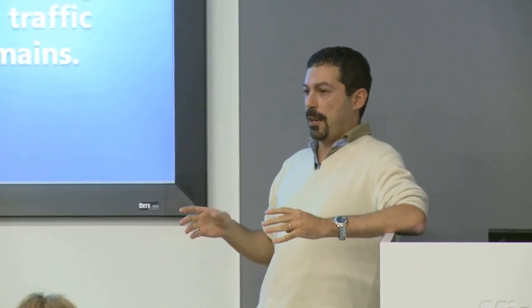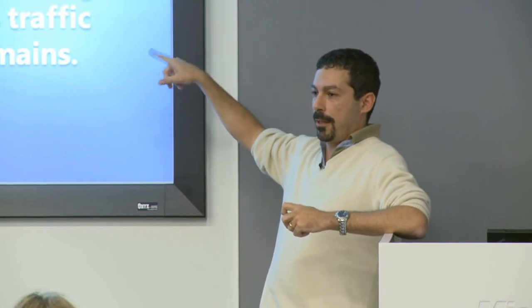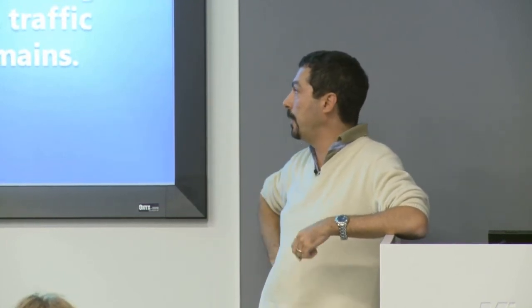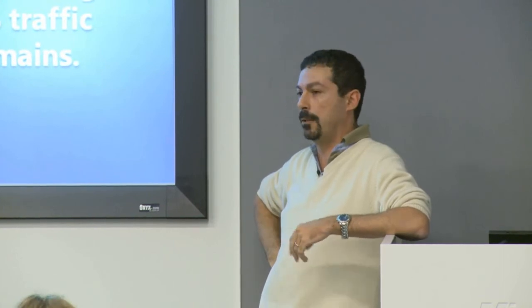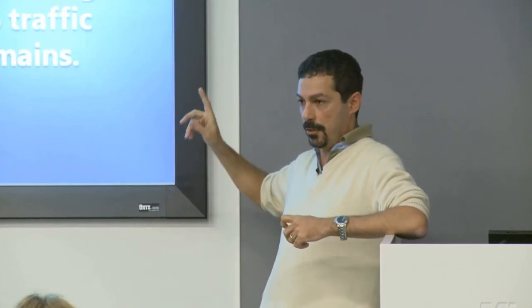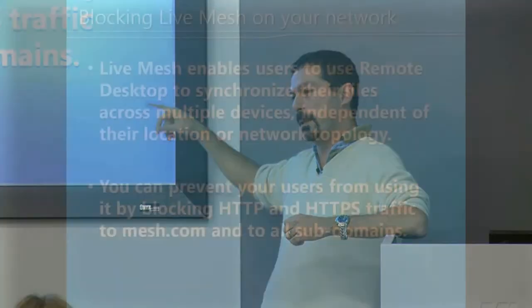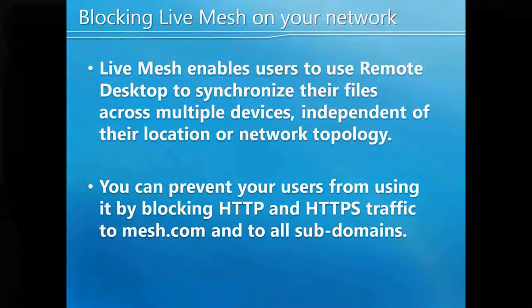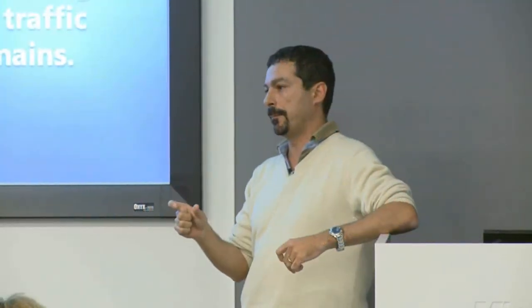If you manage an infrastructure, all you need to do to block Mesh from working completely is just block any HTTP or HTTPS traffic to mesh.com and all its subdomains. There's a knowledge base article that provides a bit more detail if you want to let people access their Live Desktop only, not installing the client and not installing the remote desktop, which is the most dangerous piece.